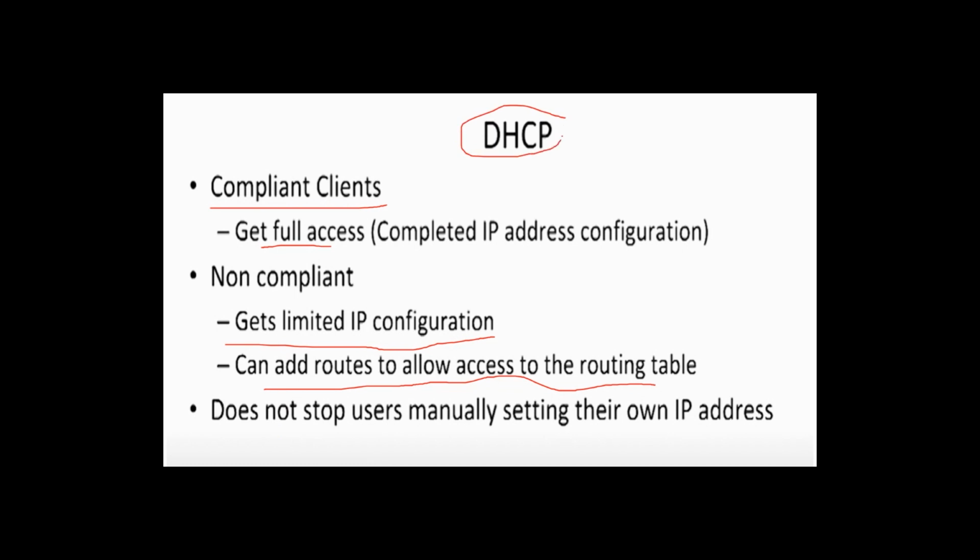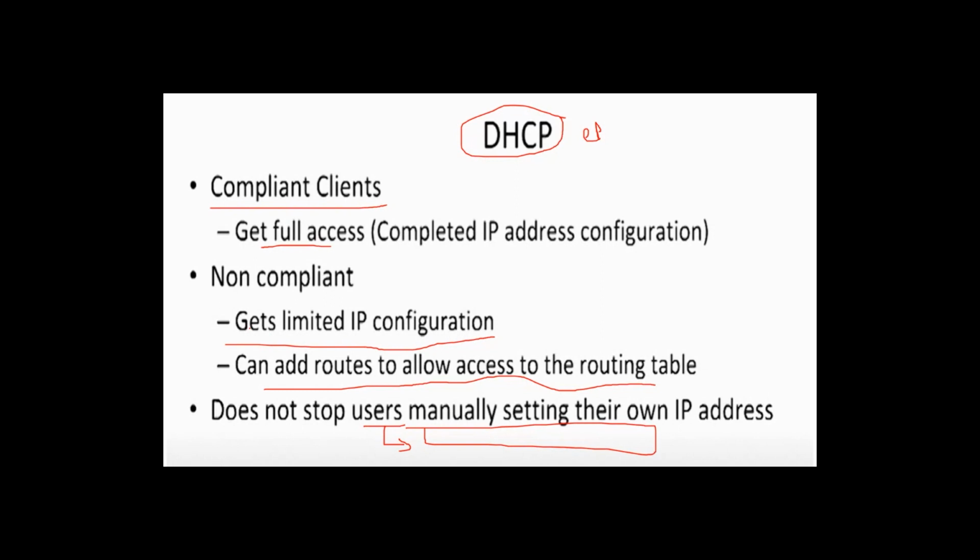Also, if DHCP enforcement is the only enforcement point in the network, it can also be hacked, or broken by some user who has good knowledge in IT. Then they can define their own IP and pass by that enforcement point.